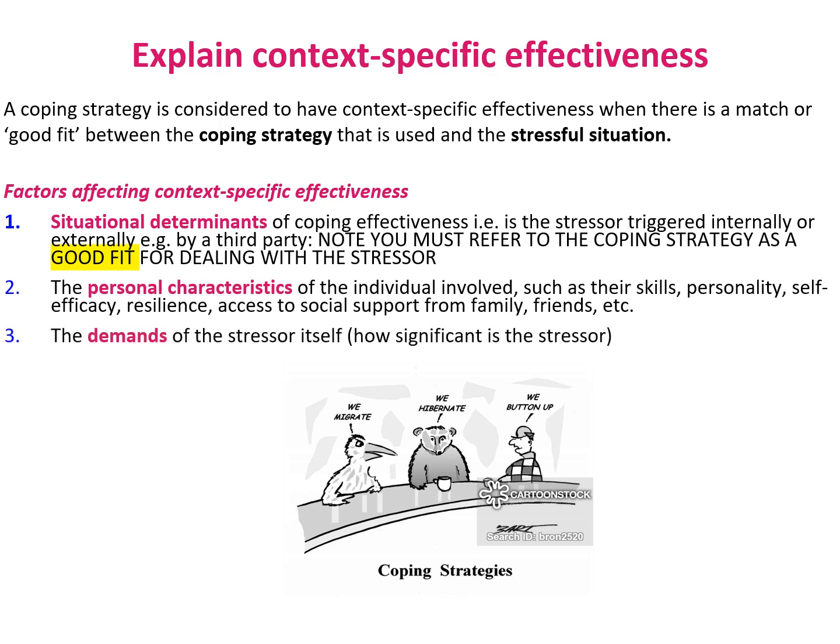And that's going to be influenced by our personal characteristics in terms of the way we respond to stressors. So key point, when you're asked to determine whether context-specific effectiveness has been employed, or to evaluate it, you're going to either mention that the strategy is a good fit if it's an approach strategy, and if it's an avoidance strategy, you're probably going to say it's not a good fit. So don't be scared to make that claim that the coping strategy employed of drinking or venting or whatever is not a good fit, so therefore it is not context-specific effectiveness.